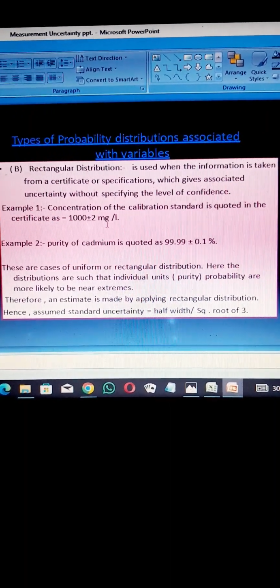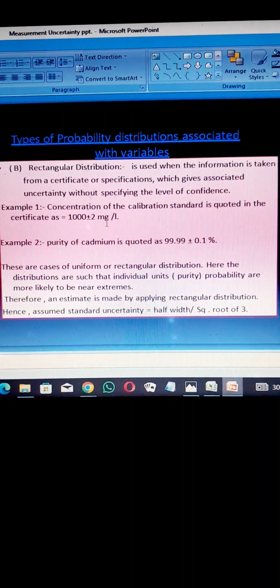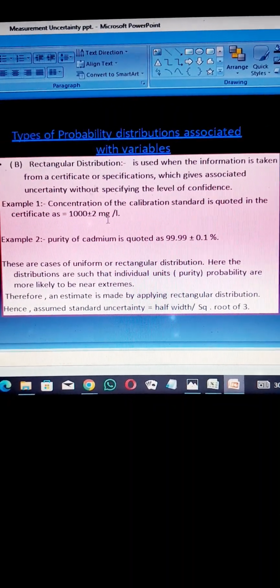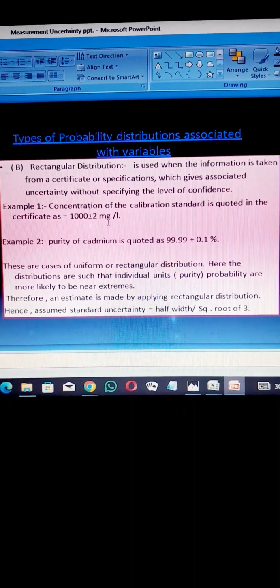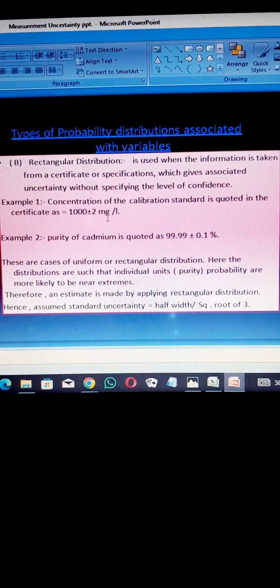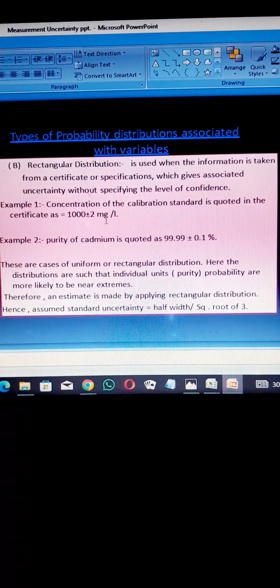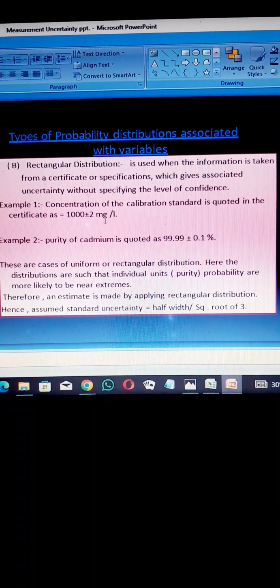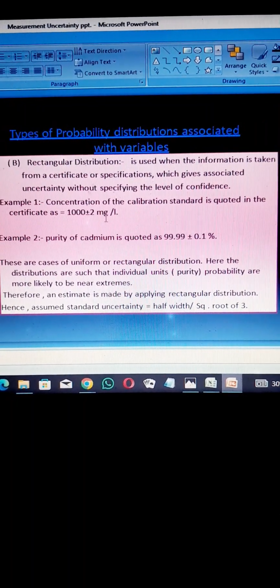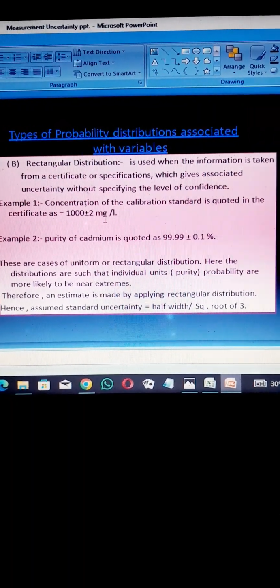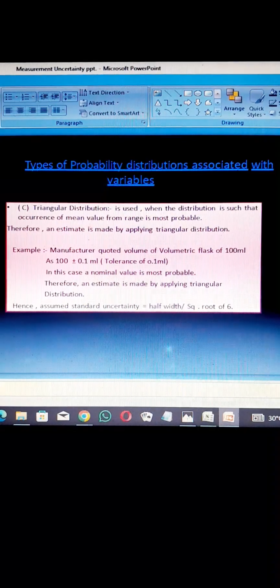In these cases of uniform rectangular distribution, the individual units or purity or probability are equally likely to be near the extremes. Therefore, an estimate is made by applying rectangular distribution. Hence, the assumed standard uncertainty is half of the width divided by the square root of 3.